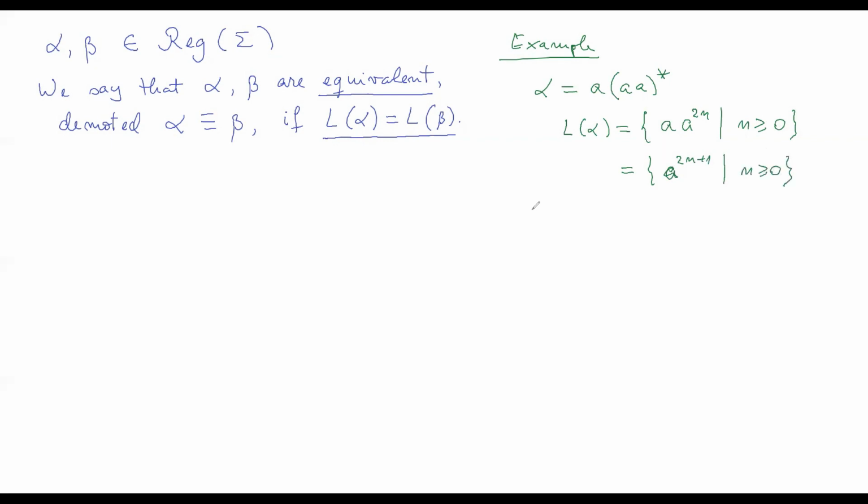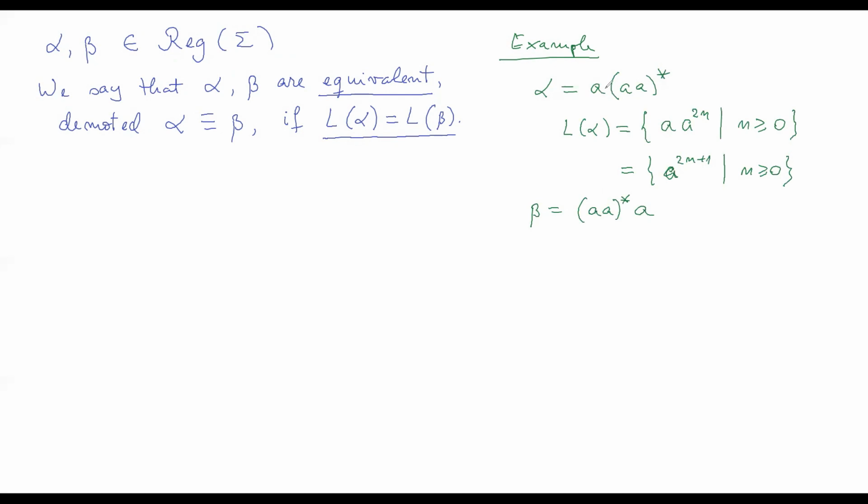But here is another regular expression, beta, that, for example, I could introduce as (AA) star followed by A. And as far as regular expressions go, alpha and beta are different. They are built in a different way.